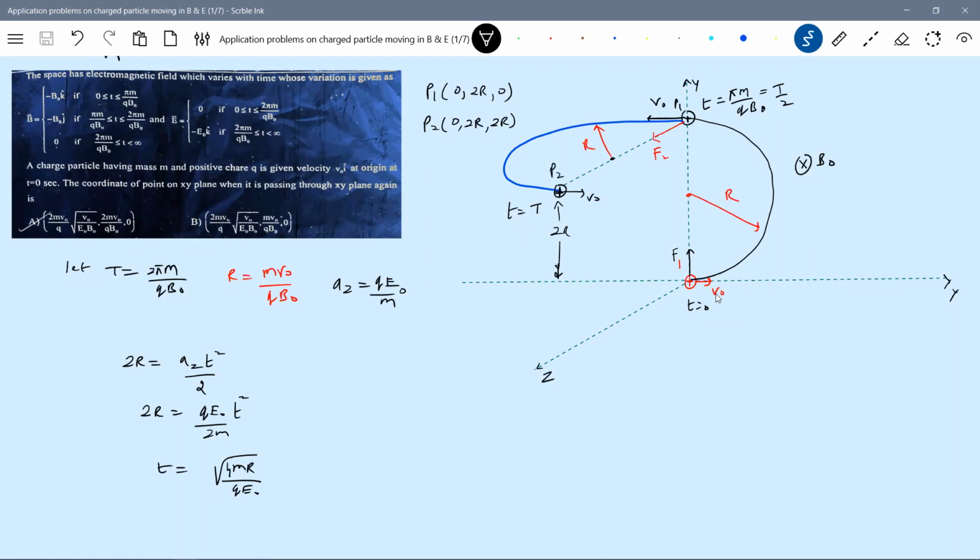What is r equal to? m v naught by q B naught. We have written that, so let's substitute it. One m will come outside, 2 will come outside.